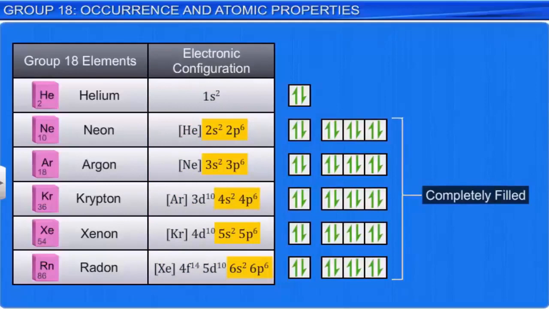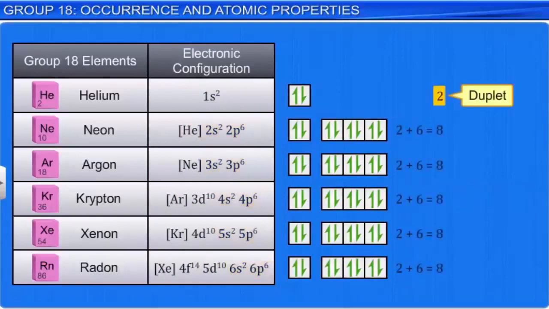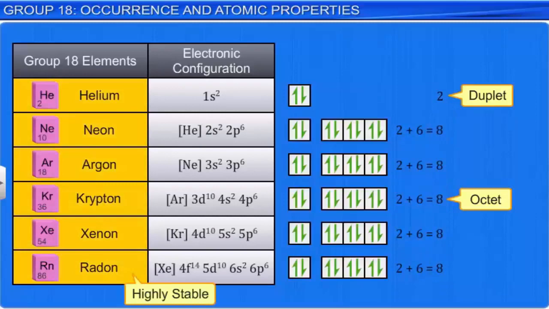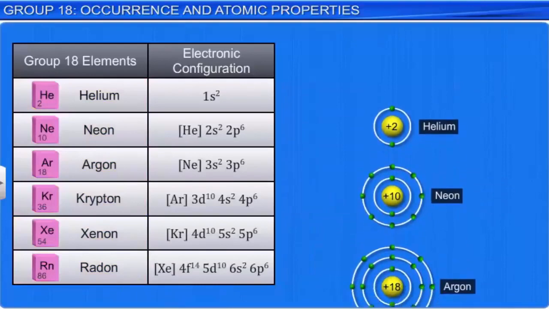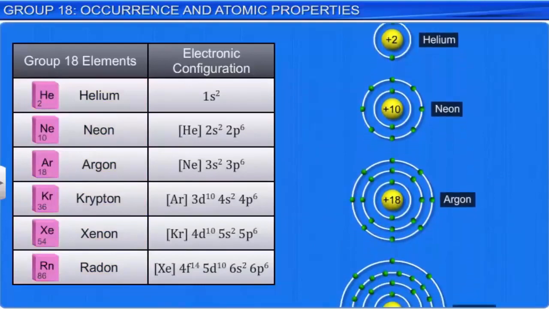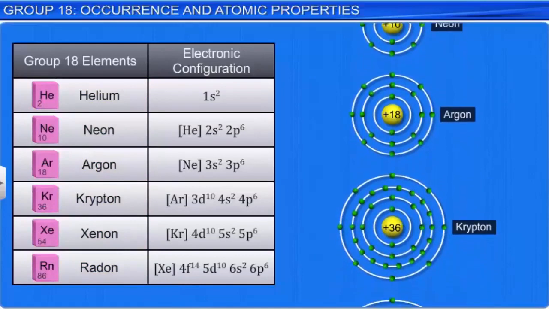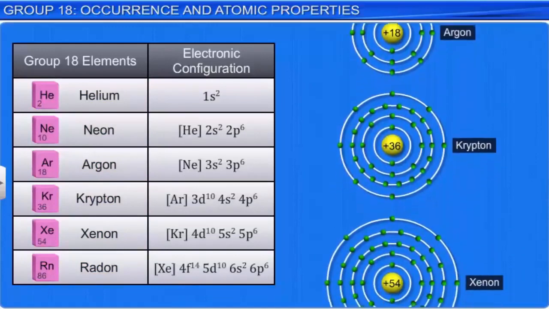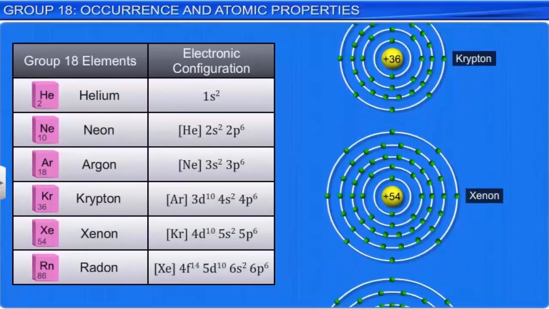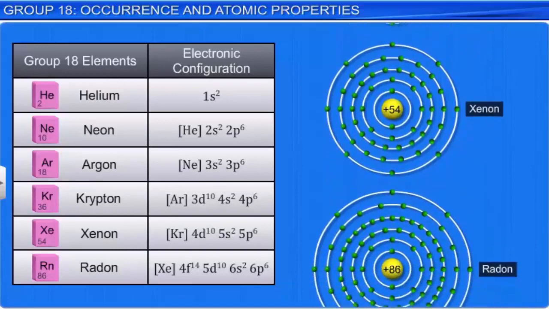Due to the duplet or octet configuration in their valence shells, the elements of this group are highly stable. In other words, as these elements have closed shell structures, they have less or no tendency to form compounds.